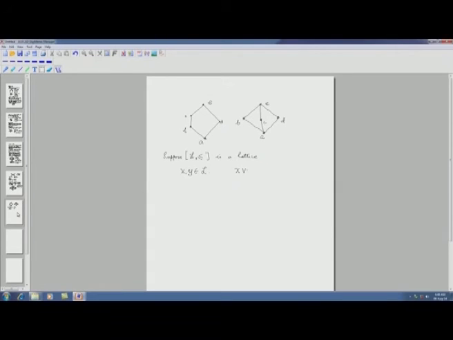What I will do is that if they are distinct, then I will define x, this symbol that I draw, y, which will be called disjunction.